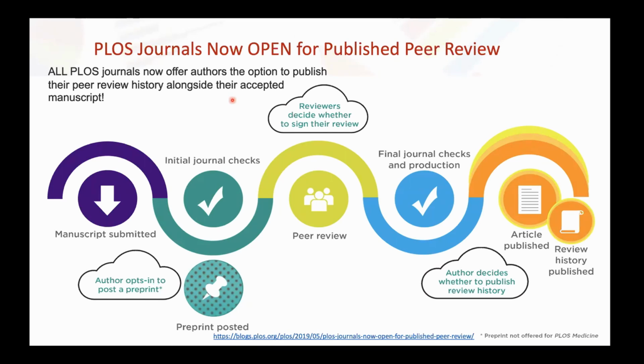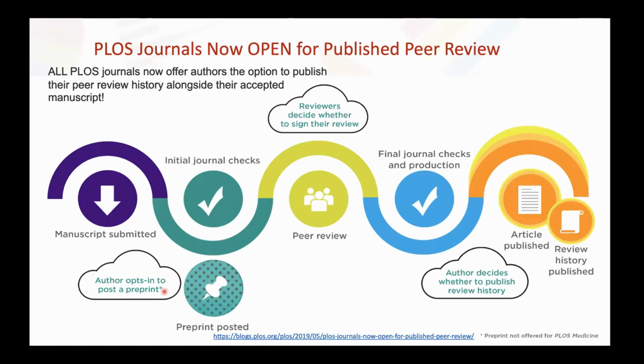This is a new provision given by the PLOS journal. They will give you the whole history of your paper along with the accepted manuscript. So this is a stage: the manuscript is submitted, then the initial journal check is over, and then you can see the authors opted to post a preprint.